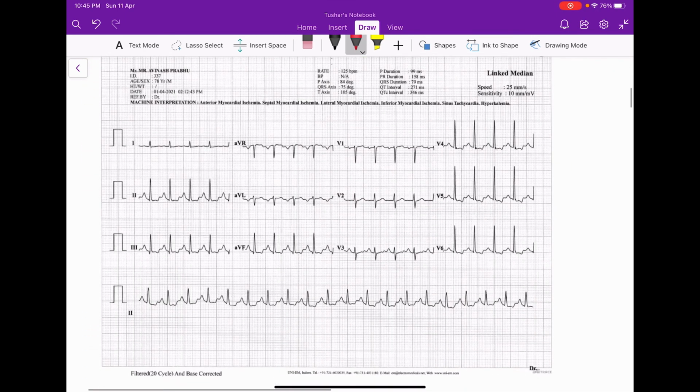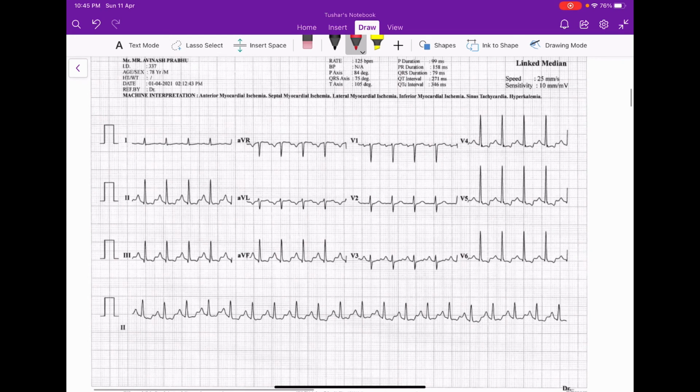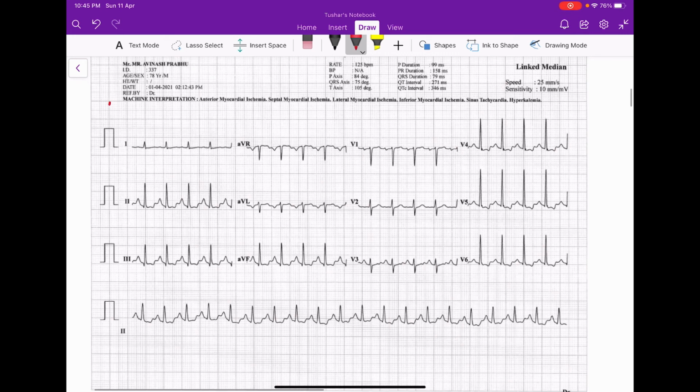Coming to another ECG. Now this is an abnormal ECG which shows sinus tachycardia. On this ECG, I'll show you how to measure the heart rate. First, I see the standardization is normal. Second, I locate a QRS complex which falls exactly at the border of the large square.